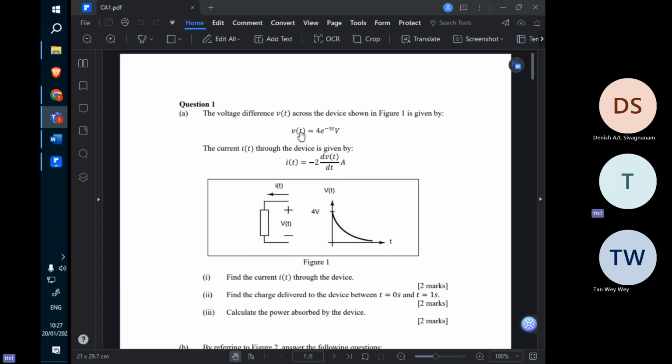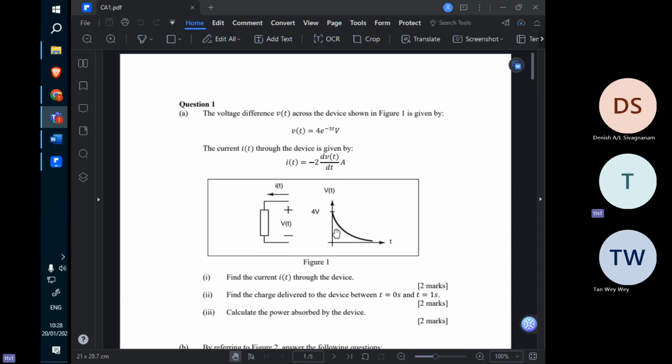Let's say you want to measure at time 0. You put t equal to 0, then you get some voltage here. Let's say you want to measure the time at 1 millisecond. You just put 1 millisecond here, then you will get a different voltage. That means the voltage is going to change with the time. So this is an exponential function.